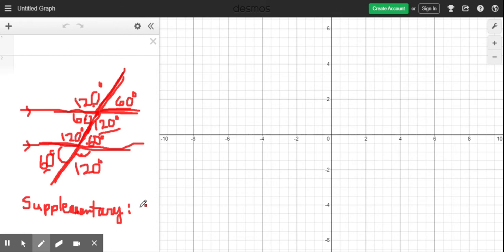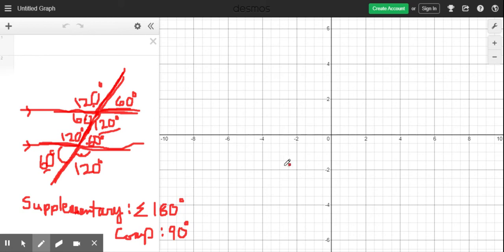The sum is, this is the shortcut for sum right there. They sum to 180 degrees. Whereas the complementary sum to 90 degrees or a right angle.